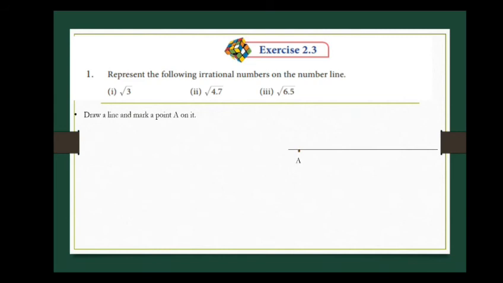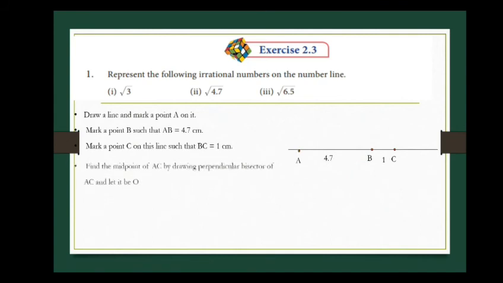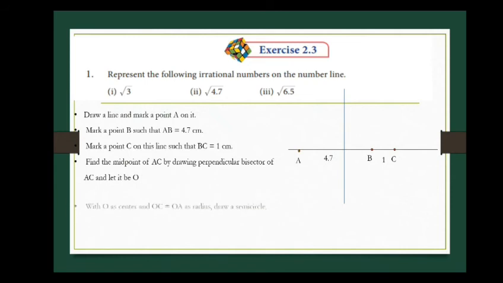We have to measure 4.7 centimeter from A and mark it as B. Then from B we have to mark 1 centimeter, so draw BC as 1 centimeter. Now we have to draw a perpendicular bisector to AC, which divides AC into 2 equal parts, and where that perpendicular bisector intersects the line AC will be the midpoint of AC. We'll call it O.